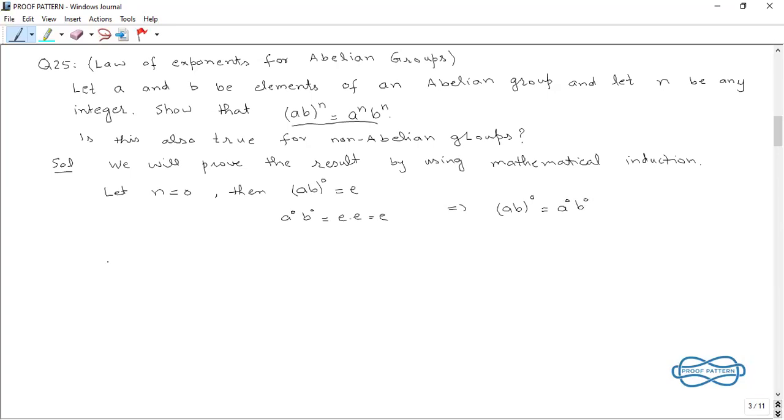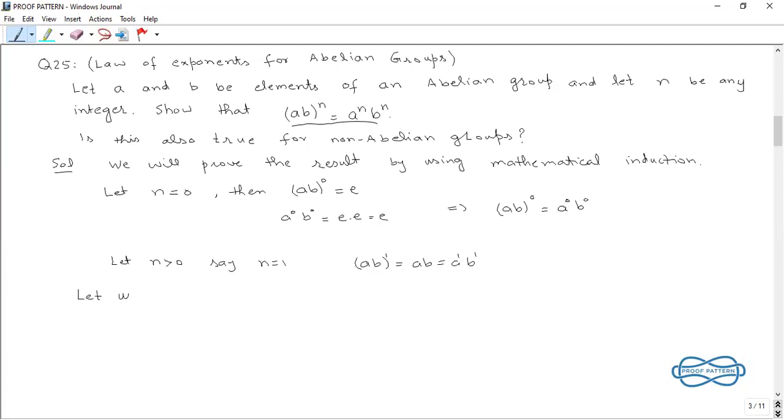Also, if we take n greater than 0, say n equal to 1, then (ab)^1 is actually equal to ab, and that is a^1 b^1. So it is true for n equal to 0 and n equal to 1.